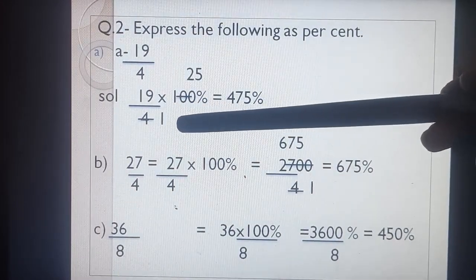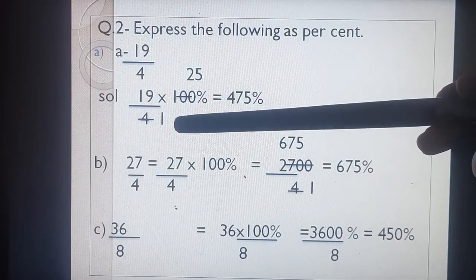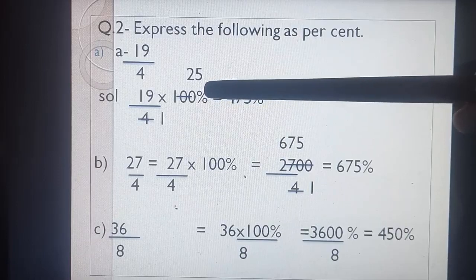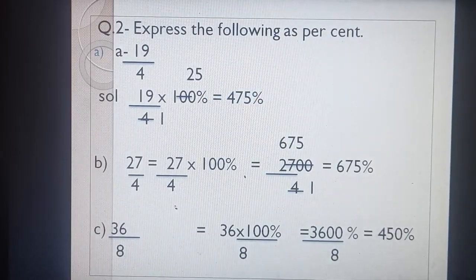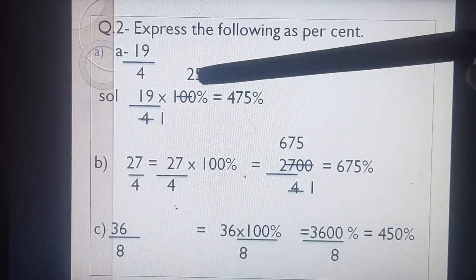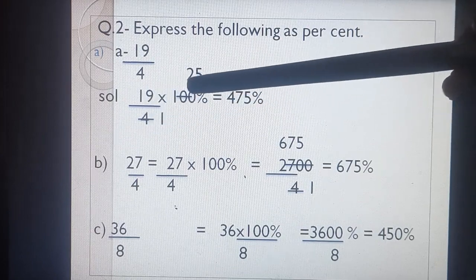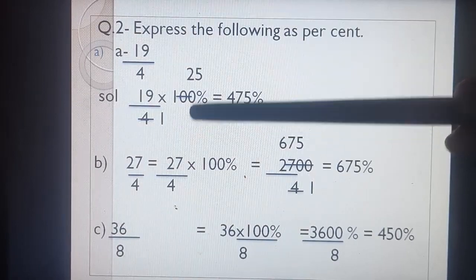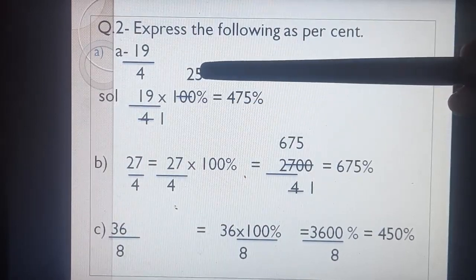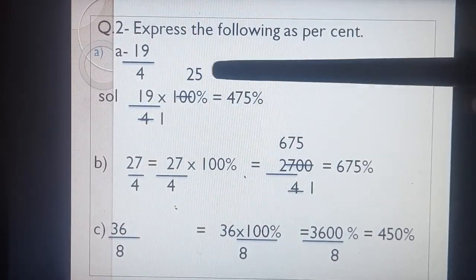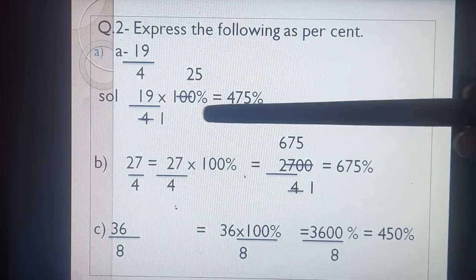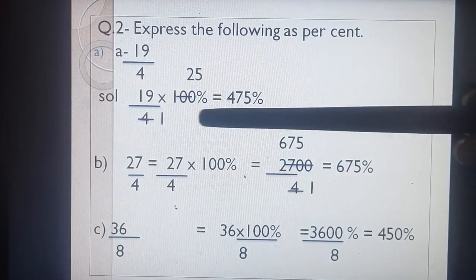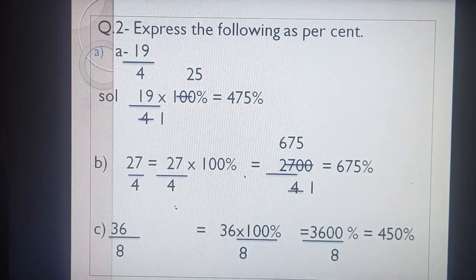But the 100 of the denominator has become the percentage symbol. As we have done in the previous question, we have learnt 19 upon 4 multiply by 100%. Now 4 ones are 4, 4 twos are 8, 4 fives are 20. 19 into 25, 475, and put percentage sign from here. You will put percentage sign.